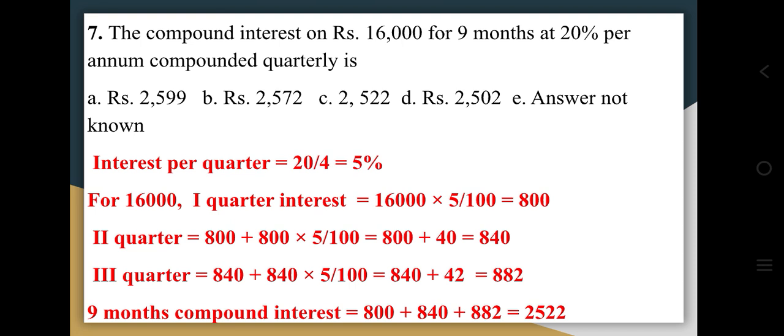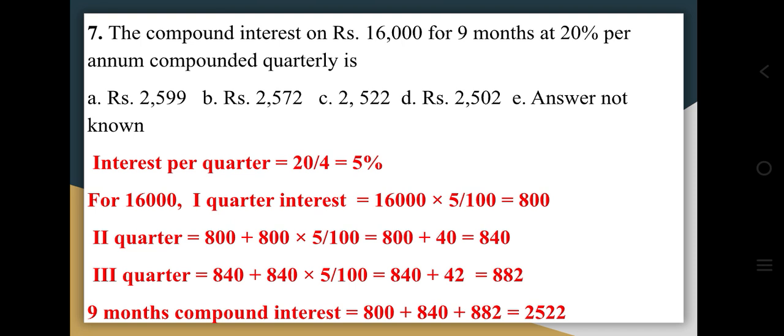So what is interest for the quarter for 100? So interest per quarter for 100 is 20 by 4, because there are 4 quarters in a year. So 20 by 4 is 5%. So the interest for quarter is 5% rate.